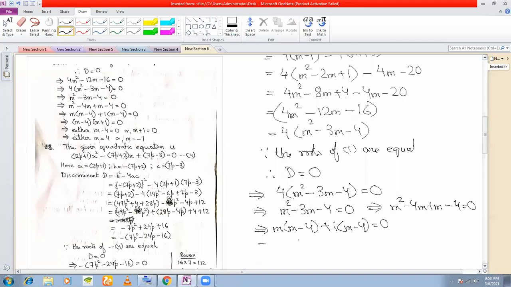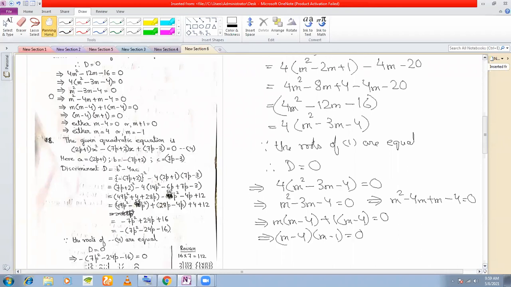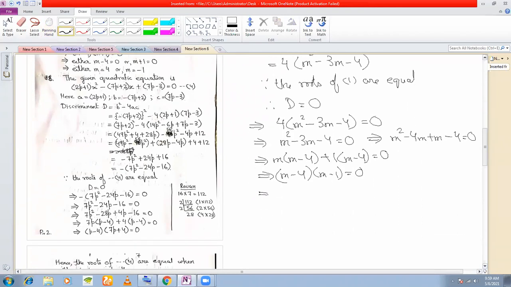And therefore you get m minus 4 into m minus 1 is equal to 0. That means, I'm writing directly here, m is equal to 4 or m is equal to 1. Fine. So for these two values of m, you will definitely have the roots of this equation to be equal. For other values, we don't know. Okay. So that is this problem.